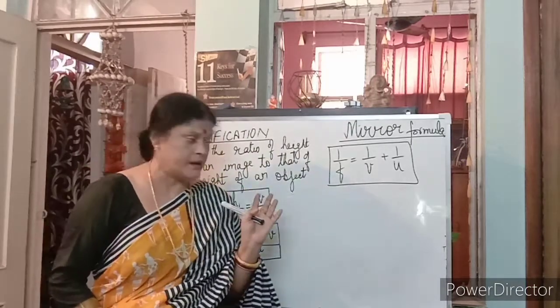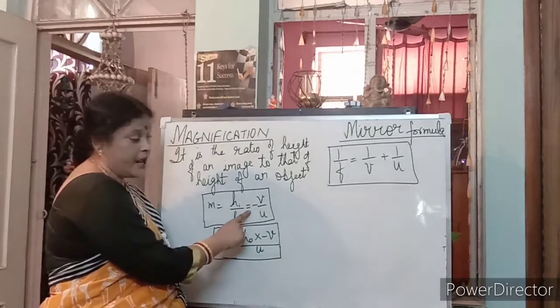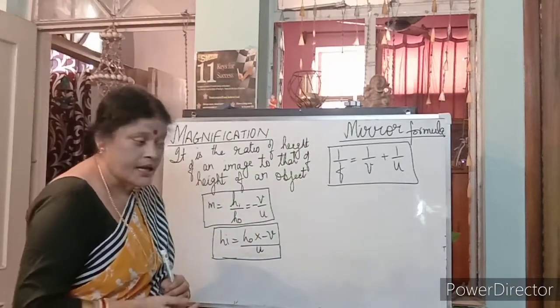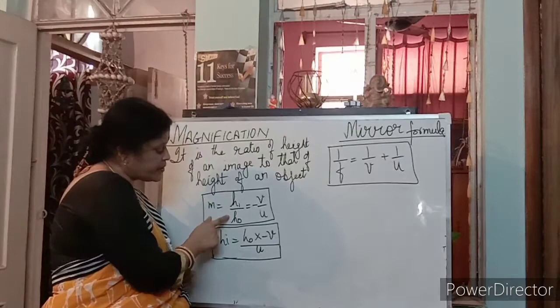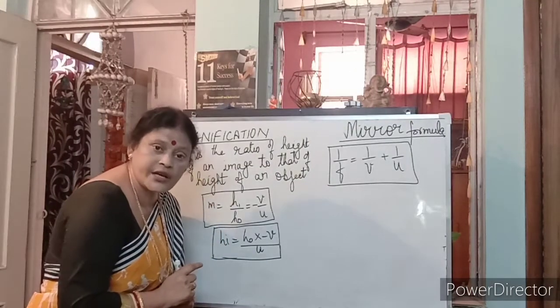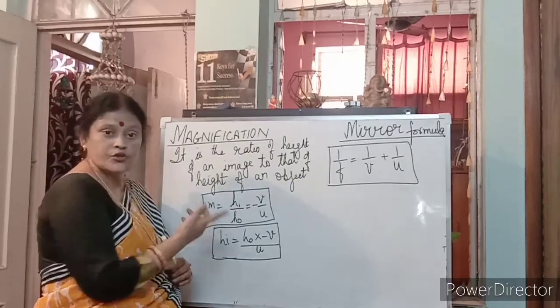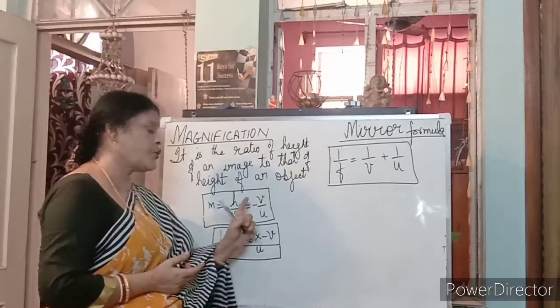I'll explain again. Any of the values will be there and you can easily trace. If the magnification is given and height is asked, this must be given in the numerical. Hi and ho will be given and you have to identify m. I'll take your numerical session, in that I'll show you all this.